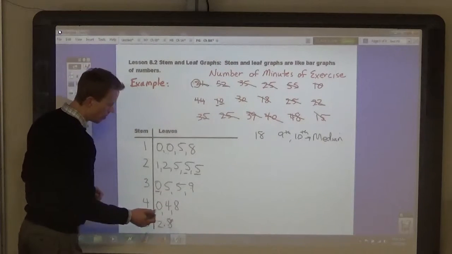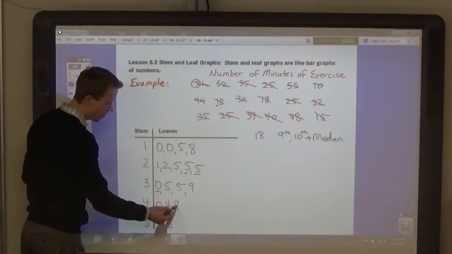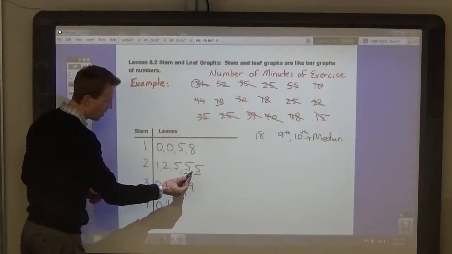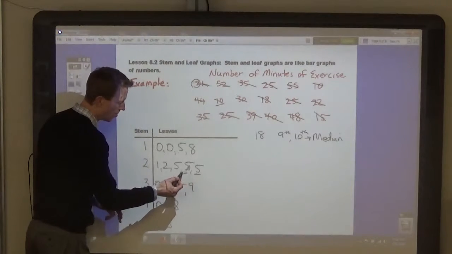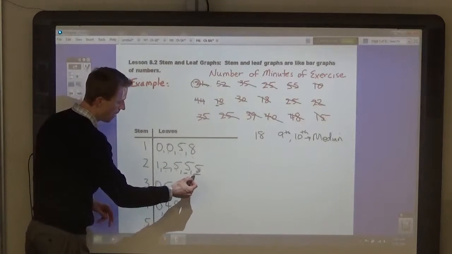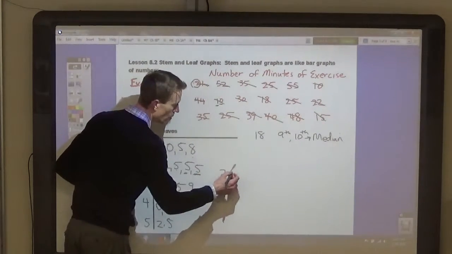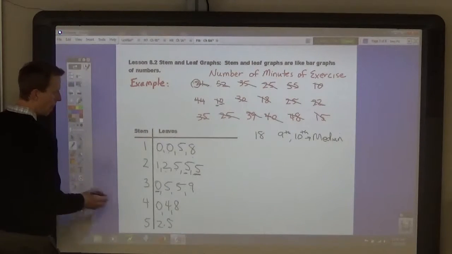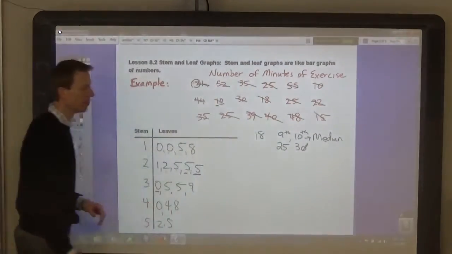So it'll be between the 5 and the 0, right? Between 25 and 30. So 25 would be the 9th number, and 30 would be the 10th number.